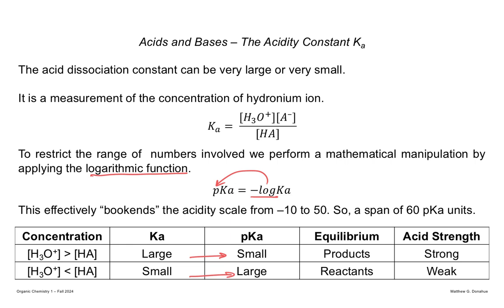But fortunately for us, when you shove those numbers in there, you end up with a scale. So that's the pKa scale. And it runs from about -10 to 50. So overall, it's 60 total units.